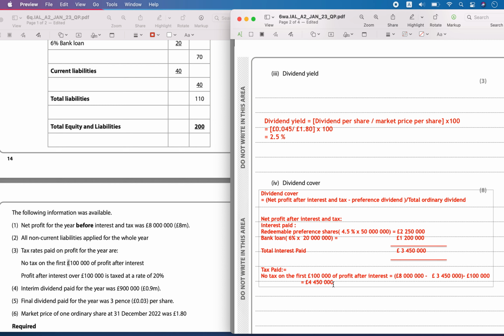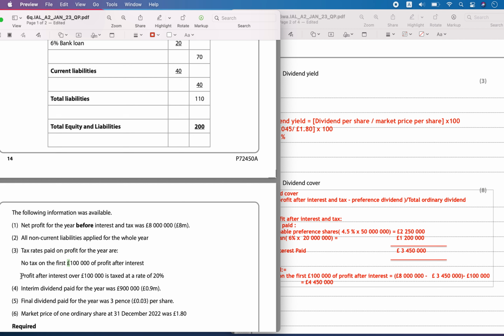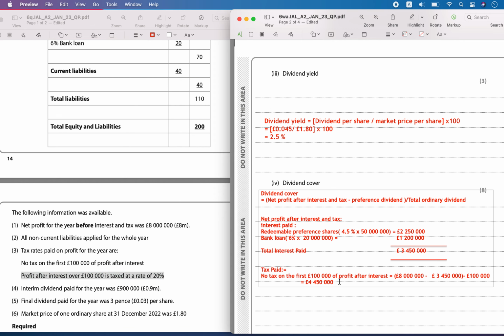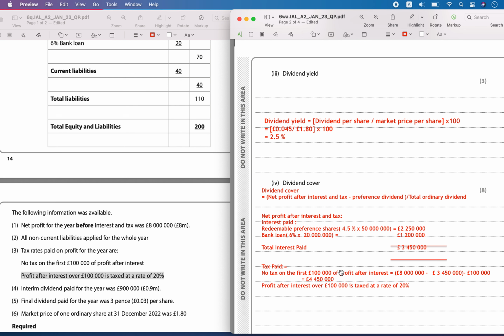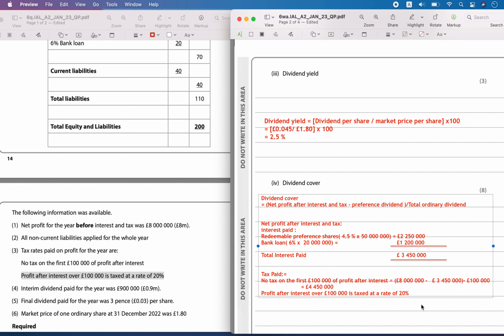Now the profit after the interest is charged at the rate of 20 percent on the remaining 4,450,000.